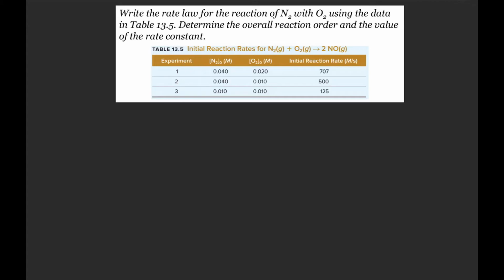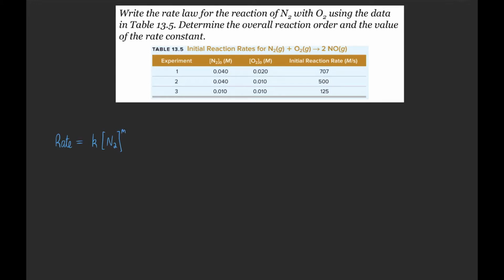So let's start by writing down a generic rate law for this reaction. So our rate law starts off with our rate constant k. Our first reactant is nitrogen, and so we have the concentration of nitrogen here, and we have to raise that to the reaction order with respect to nitrogen.